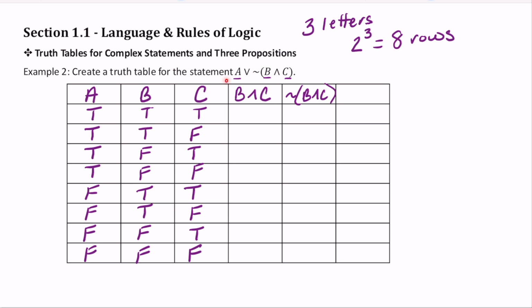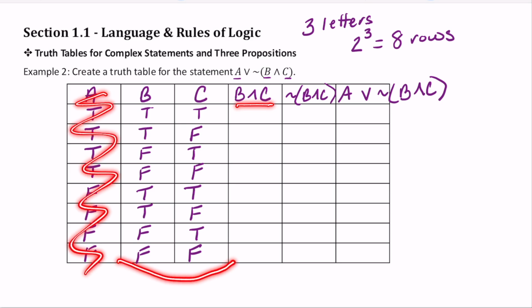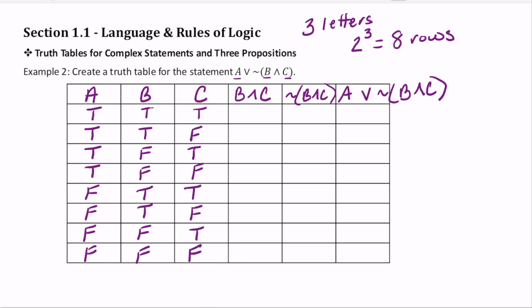Once we have that, we can finish the truth table with the final truth value of A or not (B and C). To determine the truth value of B and C, we will look only at the columns of B and C. And statements are only true when both statements are true. So I will mark those first and fill the rest in with false.